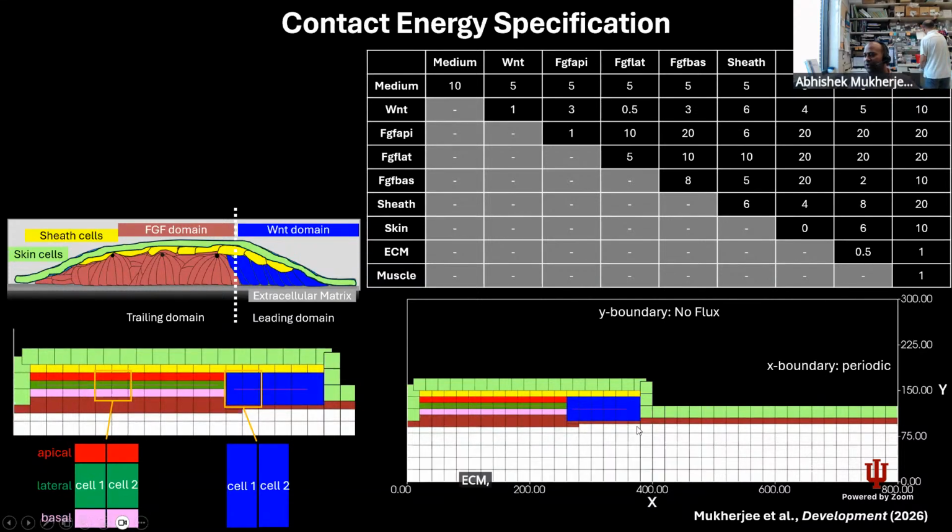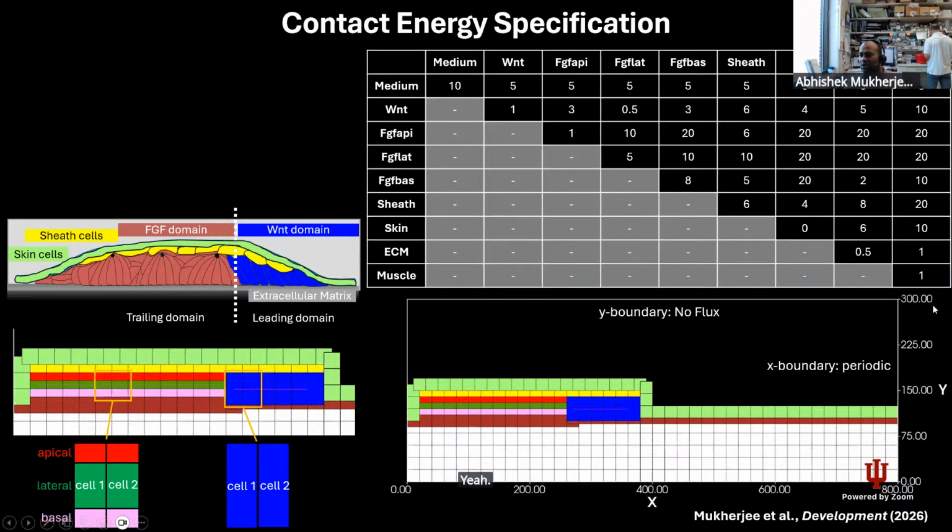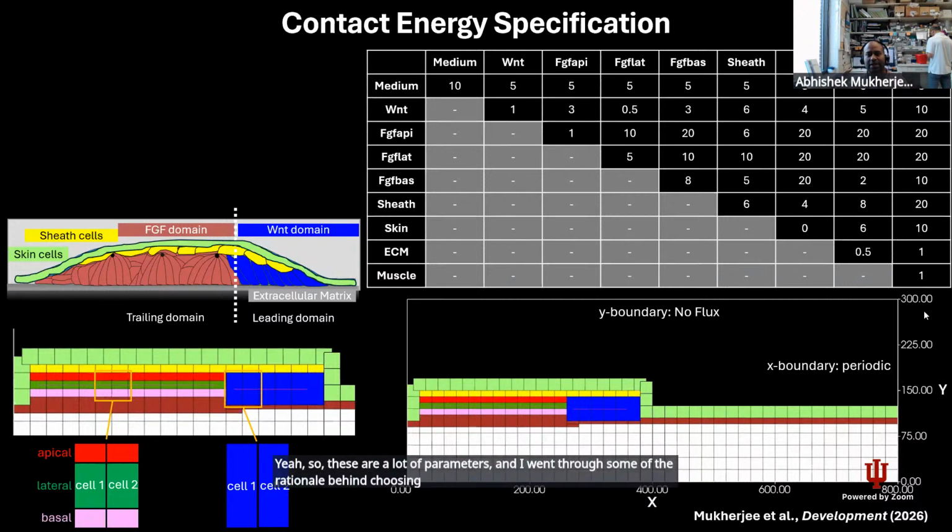ECM, we again didn't want them to break apart and have all sorts of unintended consequences in terms of the primordium breaking through the ECM, and so we had that to be very low.